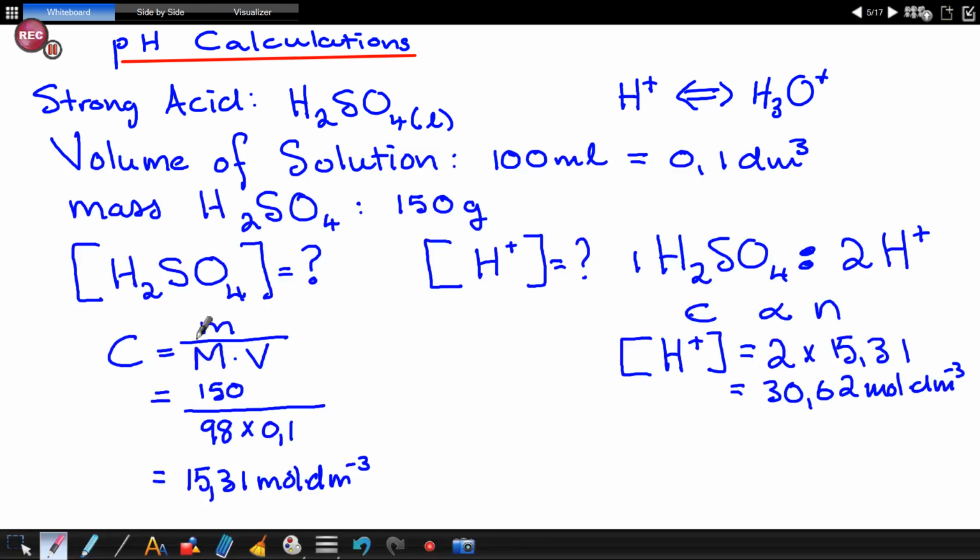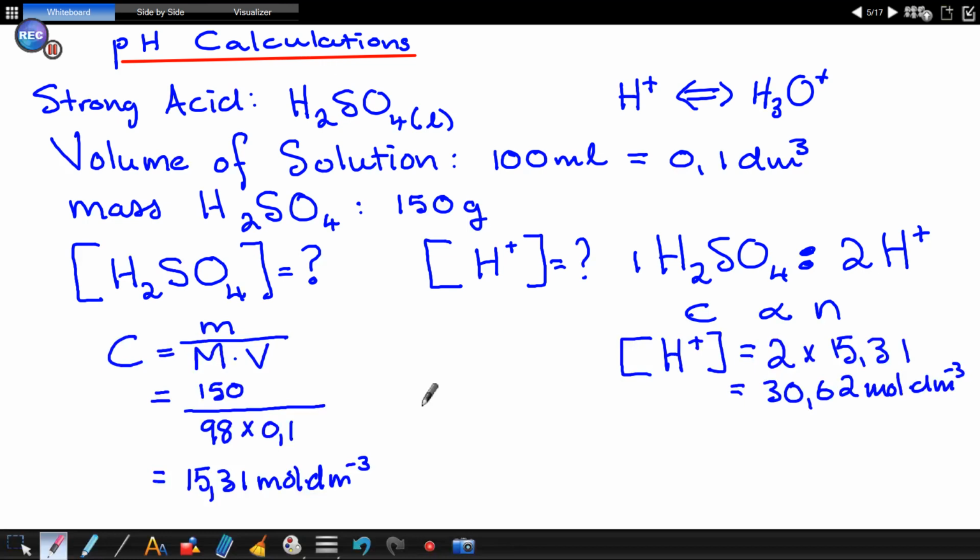That's 1.53. Then you divide by the volume, and then you probably get the same answer for the hydrogen. I didn't have to calculate the moles.